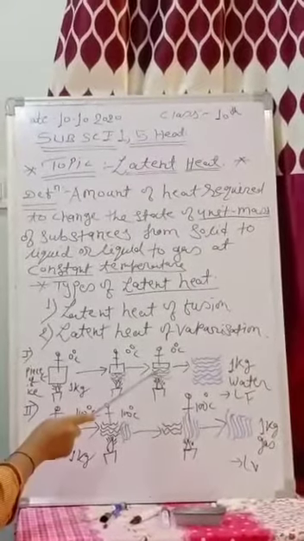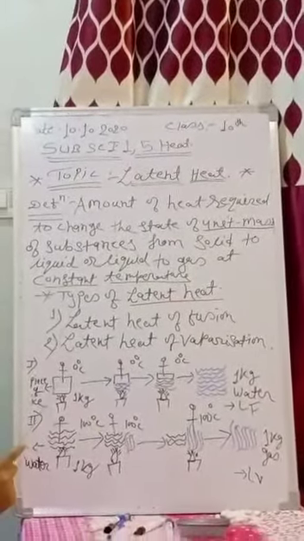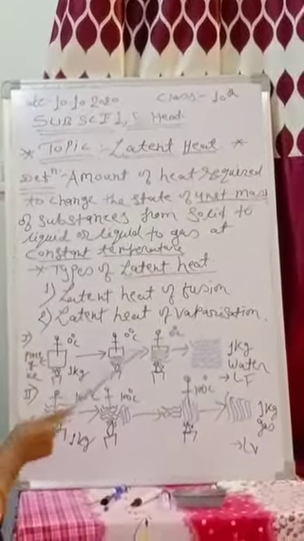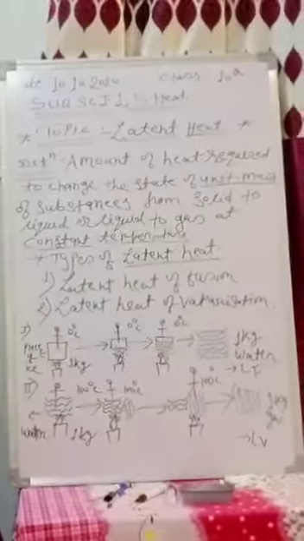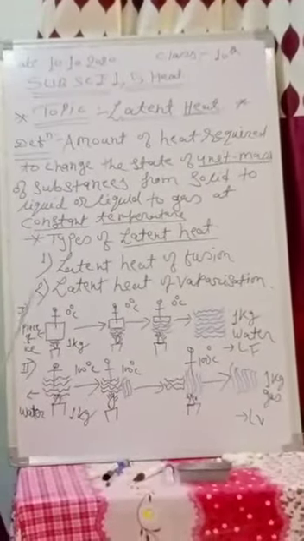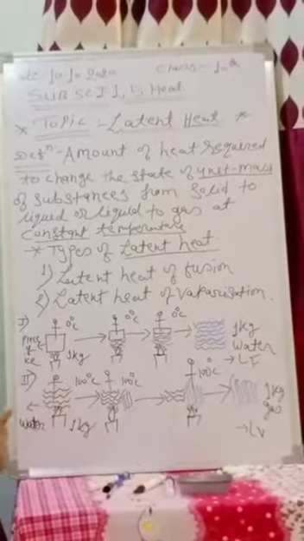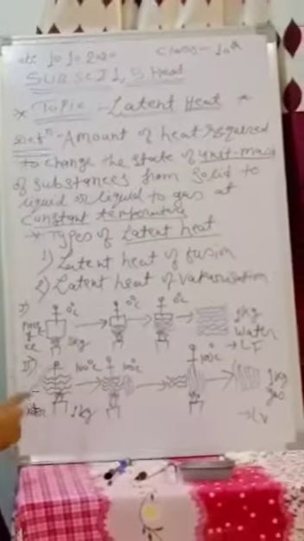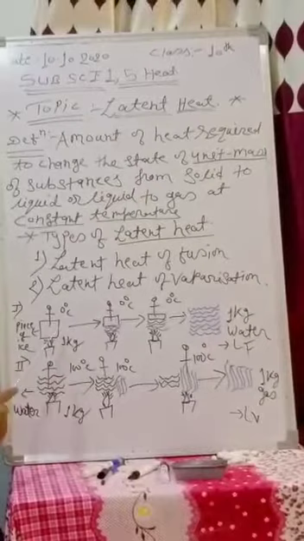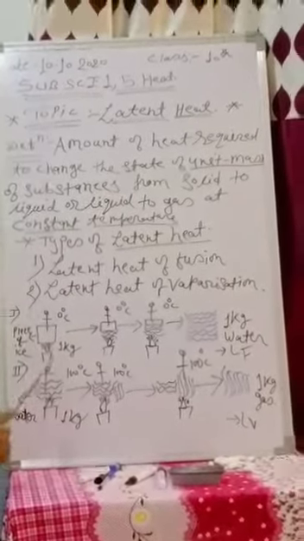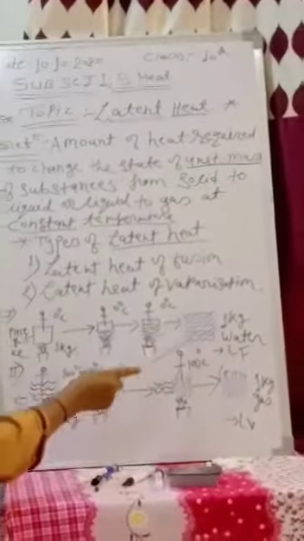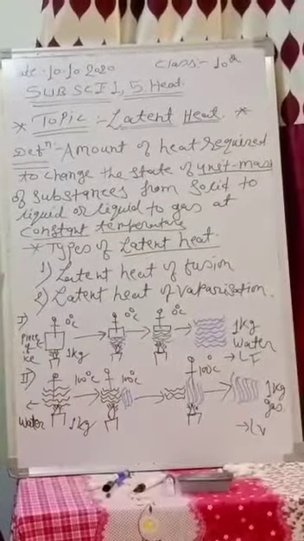The ice is floating on water because the density of water is greater than the density of ice, so the ice floats on water. Then finally, the entire piece of ice, totally 1 kg of ice, is converted into 1 kg of water.